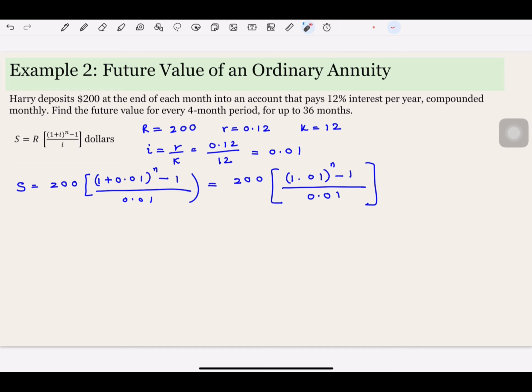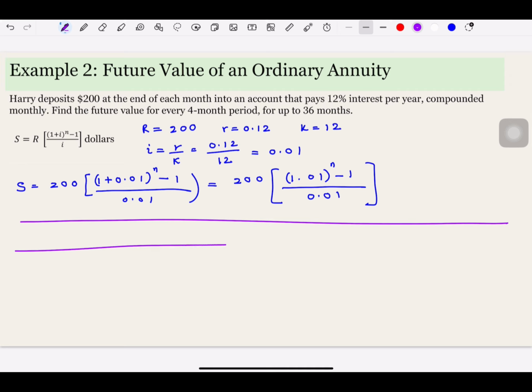Okay, so now let's try to create a table for future values. So let me create a table. Let me take the values like this. The first column gives you the months, which is n.